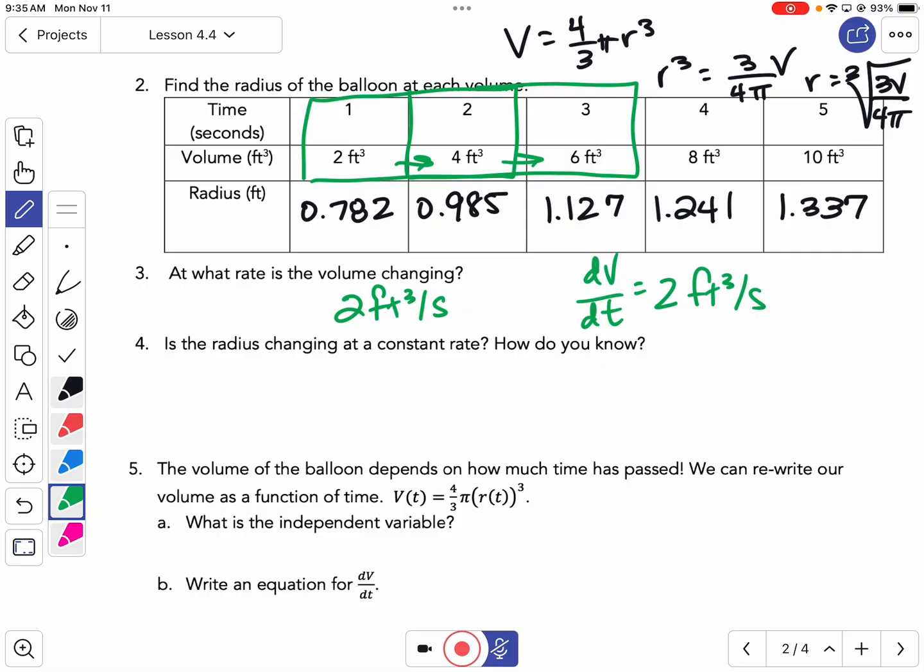It's changing a lot at first, and if I'm putting 2 cubic feet of air in there every second, that's a lot of air. So is it changing at a constant rate? We would say no. As the balloon expands, there's less space for the radius to change.